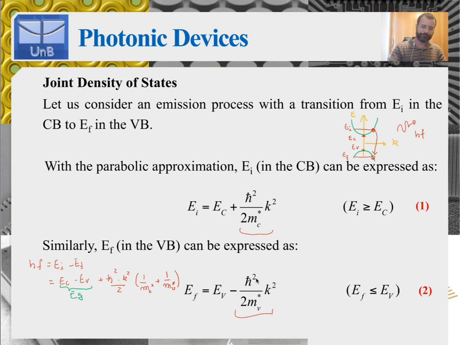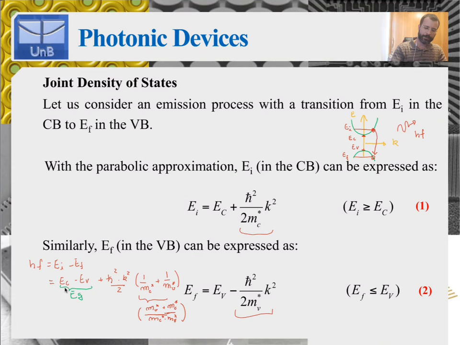And this right here can be written in this form, right? If we multiply and divide the first term by mv star, then we get mc star times mv star in the denominator, and up here we end up with mv star plus mc star.